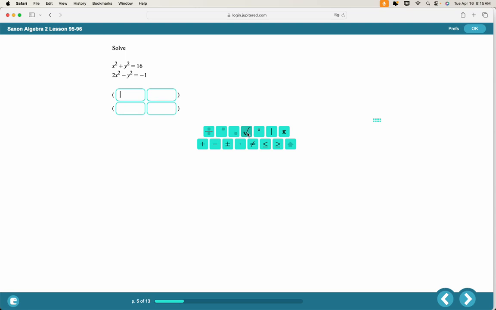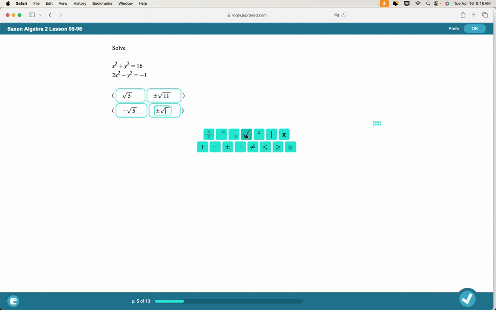So that's going to be square root of 5 for the first answer, and then negative square root of 5 for the second one. Then over here, you're going to have plus or minus square root of 11, and then plus or minus square root of 11. I didn't make you write 4 of those out because it's so straightforward.